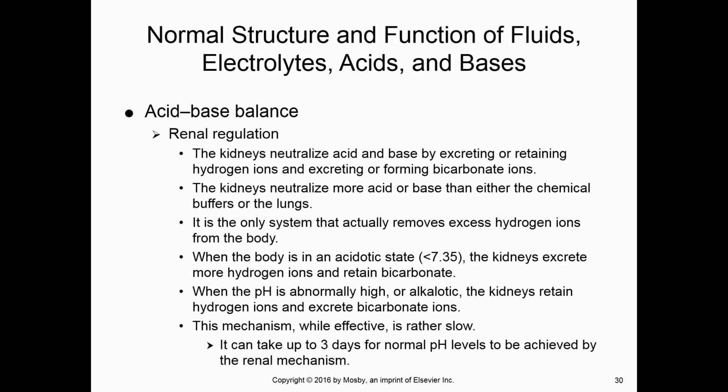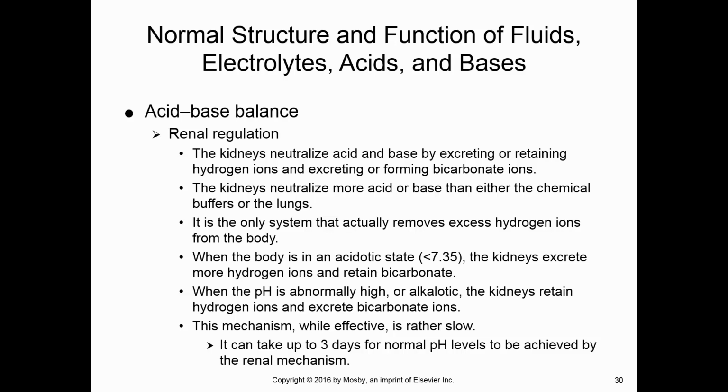Now, the renal regulation, or the renal help, is so the kidneys can excrete or retain hydrogen ions or form bicarbonate ions. Hydrogen ions are the acidotic component, and bicarbonate is the neutralizing or alkalotic component.